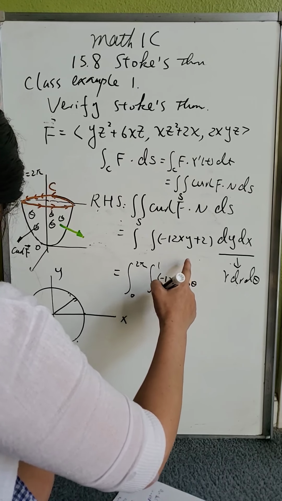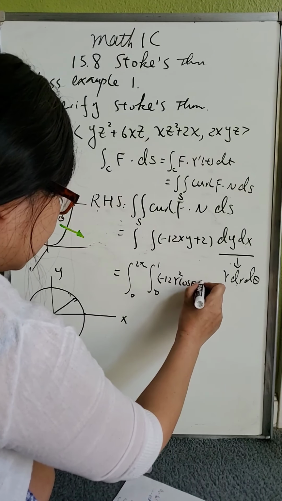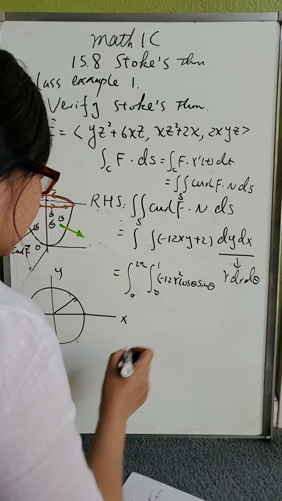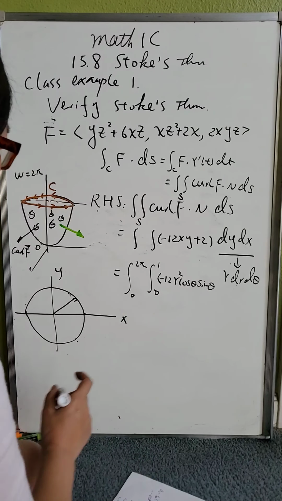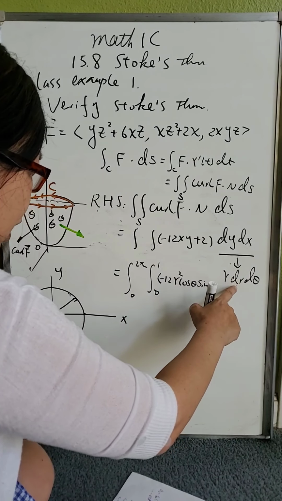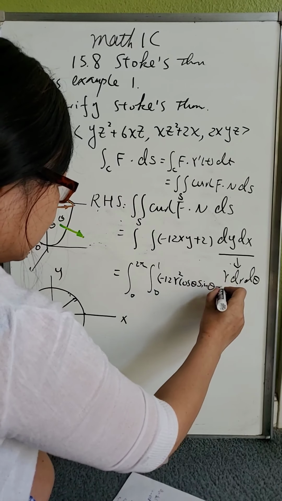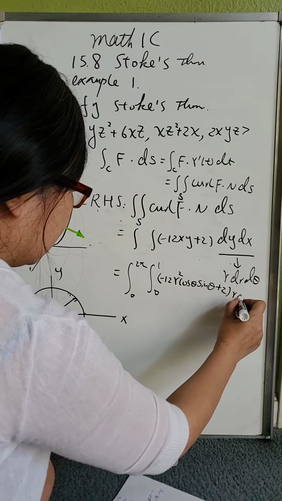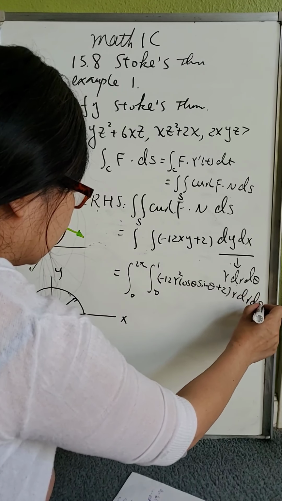So this is negative 12 r cosine theta, and then r sine theta. So you're going to have a square, okay? And then because every x and y is converted in terms of r and theta, plus 2, and then r dr d theta.